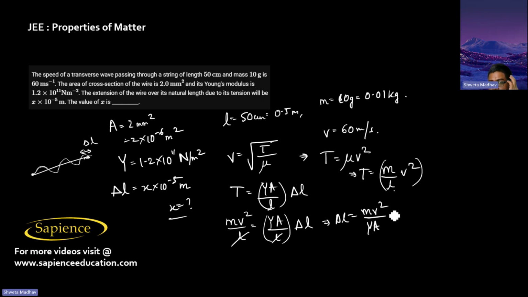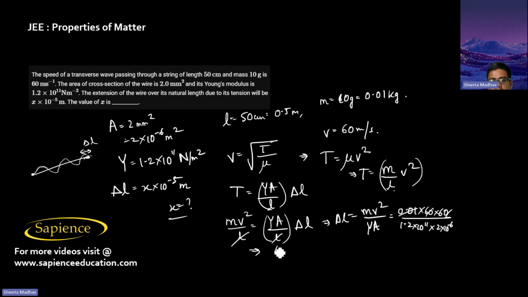So mv square, m is mass, that is 10 gram. So 0.01 into v square, v is 60. 60 into 60 divided by Y, that is 1.2 into 10 power 11 into A is 2 into 10 power minus 6. Therefore, this will be 1 by 100. So 0, 0 will cancel.